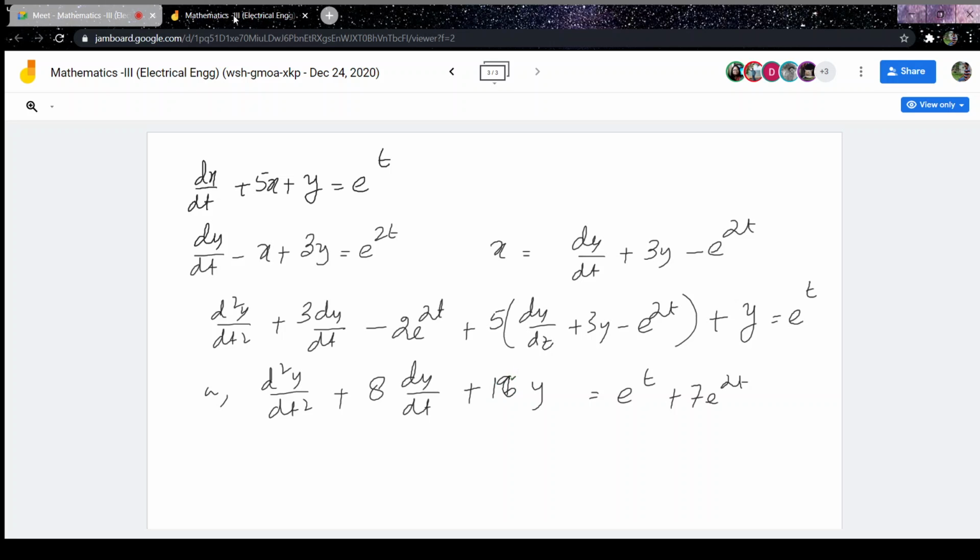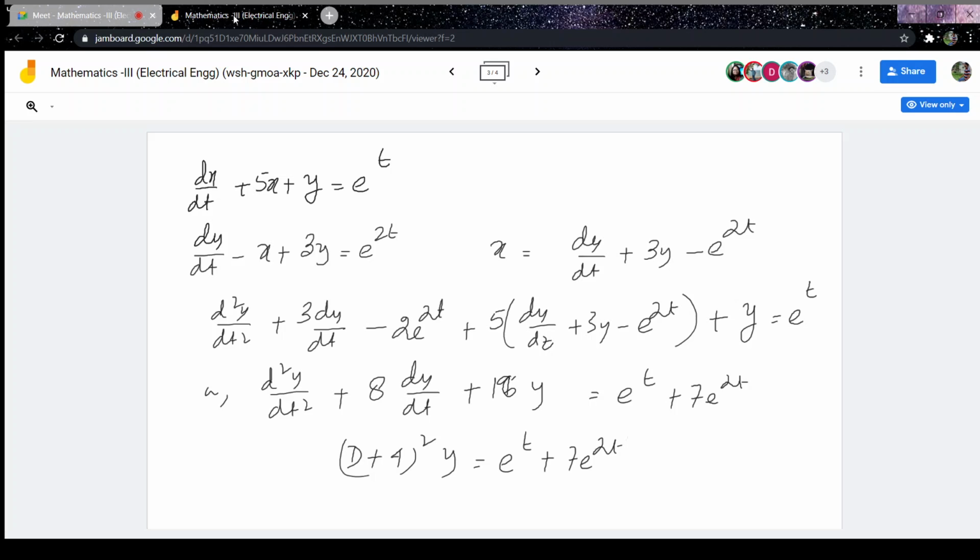Okay, so you know the auxiliary equation is very simple. This will be (D plus 4) whole square operated on y is e to the power t plus 7 e to the power 2t. Okay, so first you know how to calculate the CF, and then we have to calculate the PI, and from Y I will substitute this Y in place of X and I will get my X. Okay, so can you solve and tell me whatever you got?